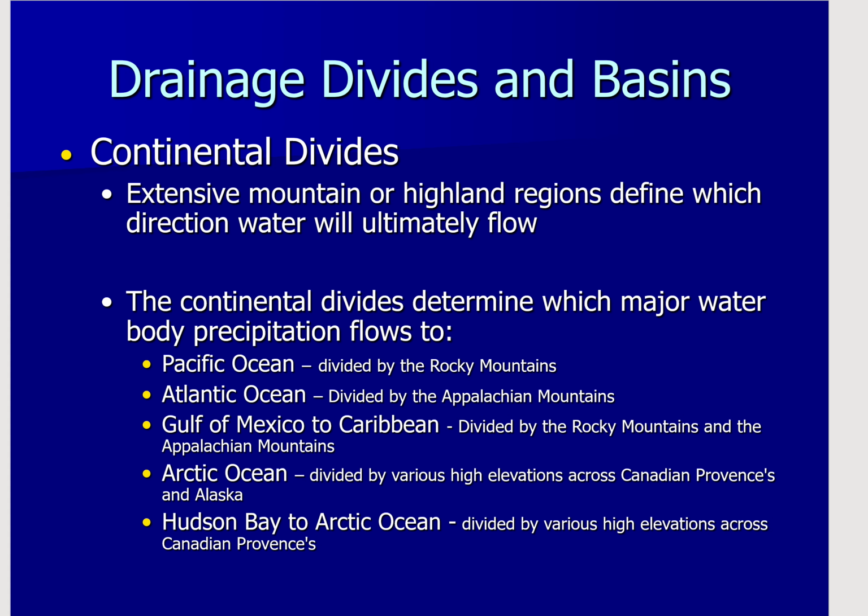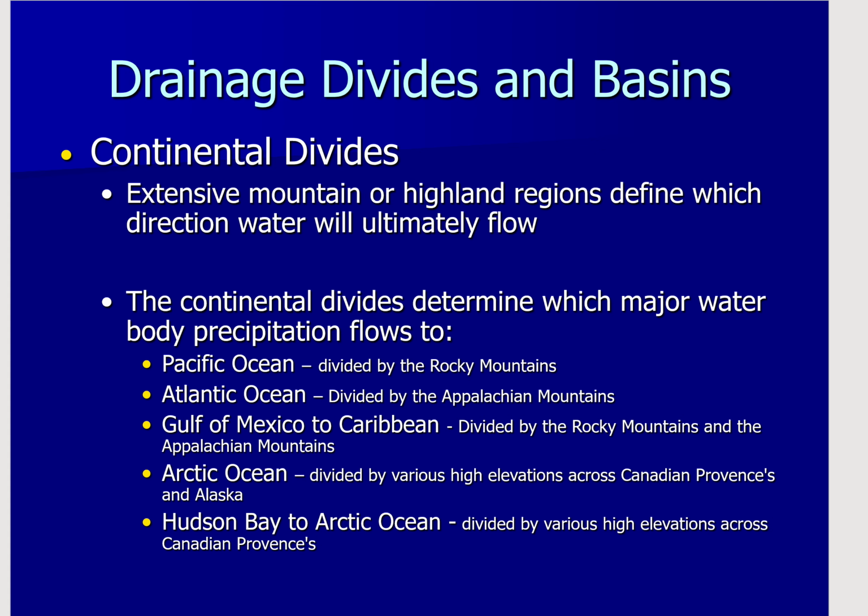And then importantly for us in Ohio, there's a ridge at the north end of the state of Ohio, and then the land drains southwards. All right, it's not a mountain range, but it's a high enough elevation that delineates water flowing into the Great Lakes as opposed to flowing into the Mississippi.